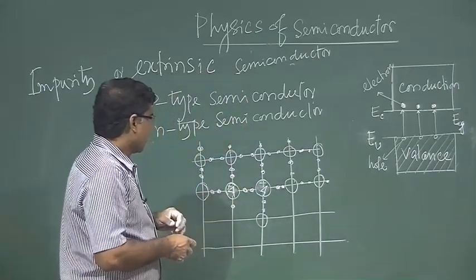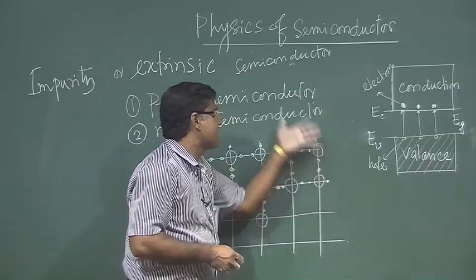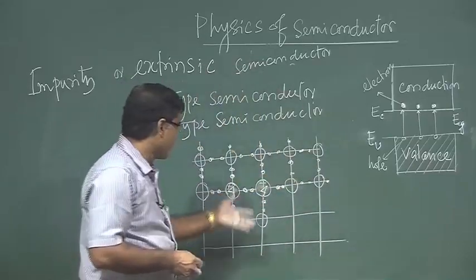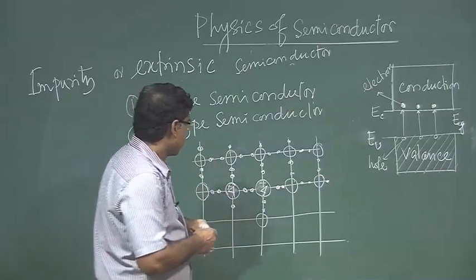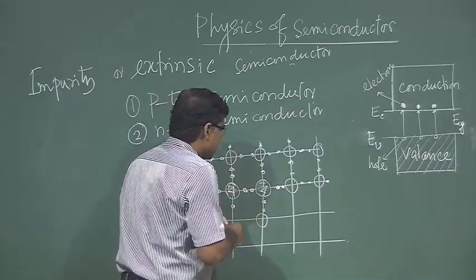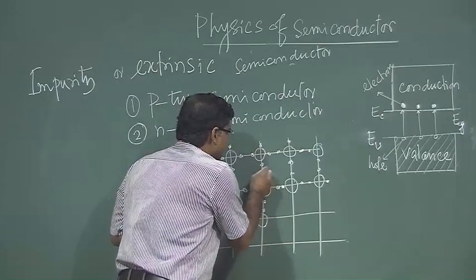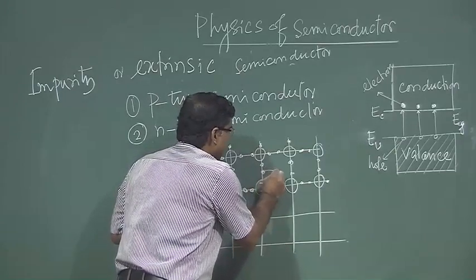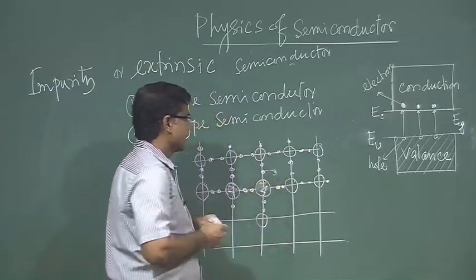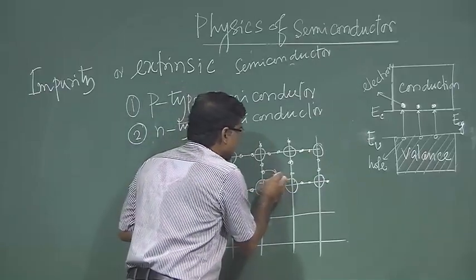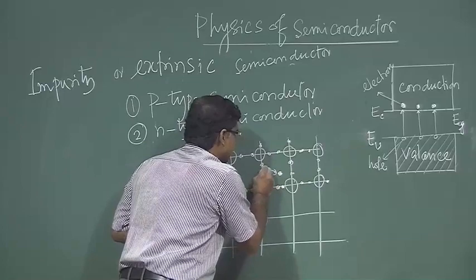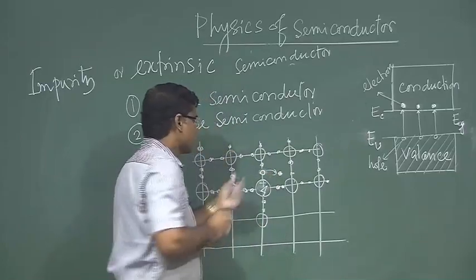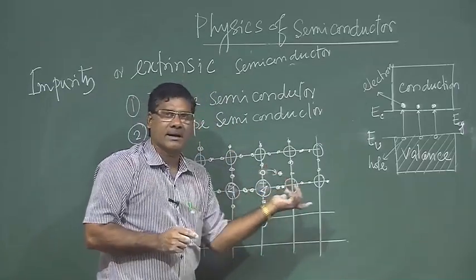Now, in an intrinsic semiconductor, when you increase the temperature, at a particular temperature one of the electrons may leave this side. It comes here, and the absence of the electron is treated as a hole, right. So, an electron-hole pair is generated.